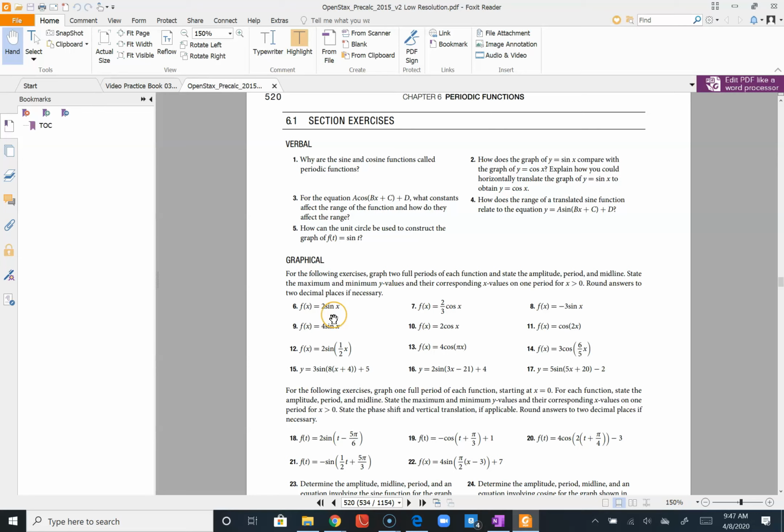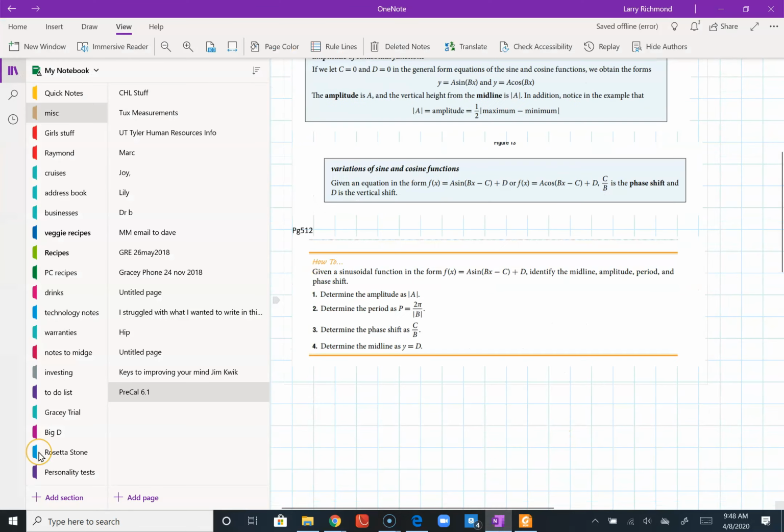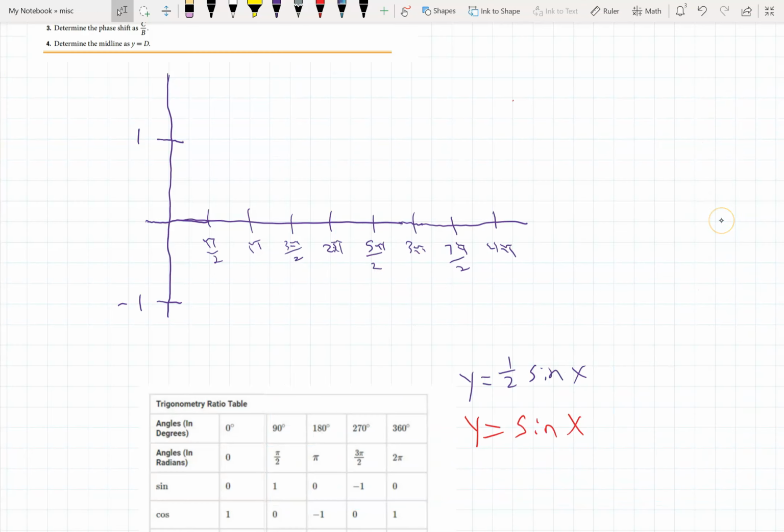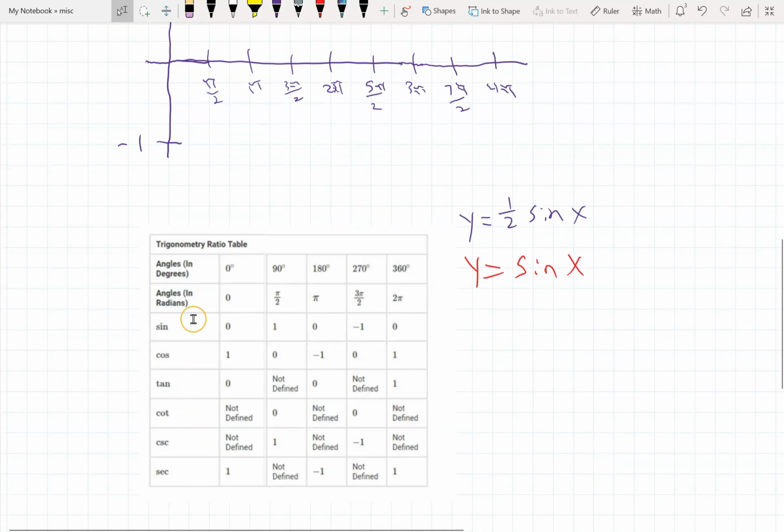Number 6 says f of x equals 2 sine of x. I'm going to do y equals 1/2 sine x. Okay, so now we're going to look at graphing the function y equals 1/2 sine of x. In order to do that, we'll start by graphing the parent function for that, y equals sine of x. Here you see the table that we filled in yesterday.